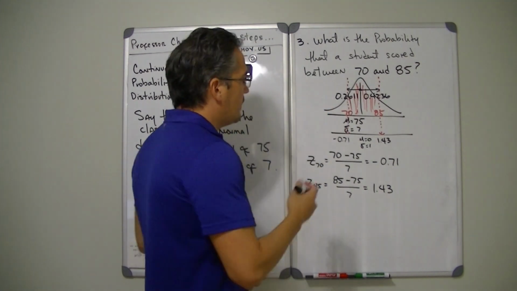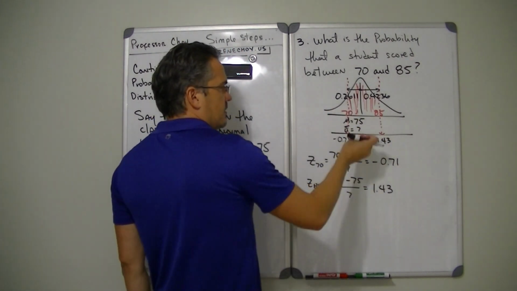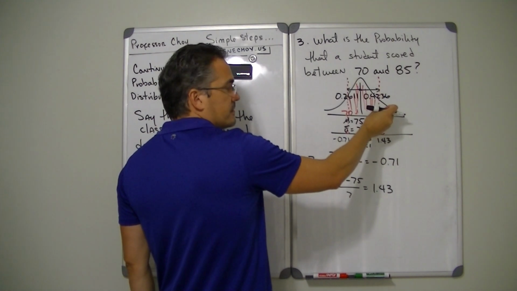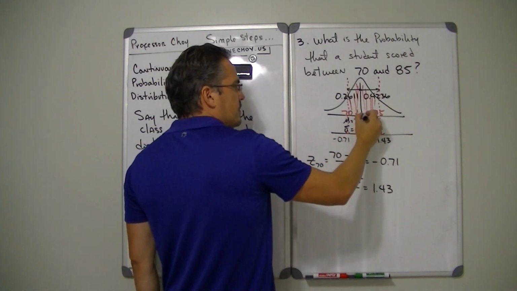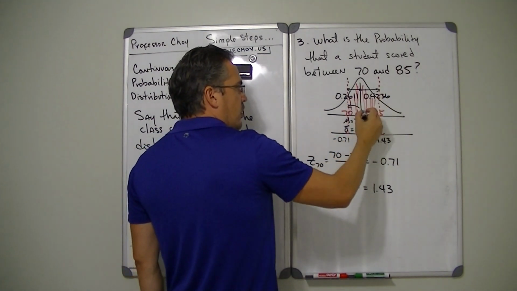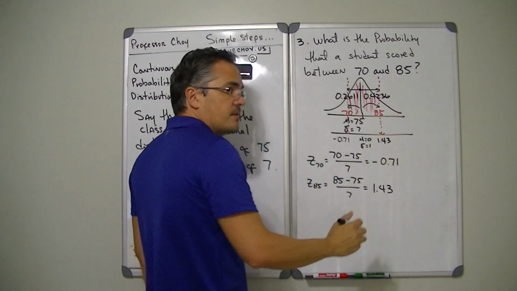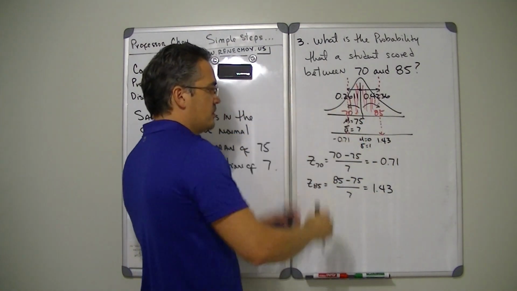Now, the question that they're asking us is neither one of those, but instead they're asking us for it together. They're asking us what's the probability that somebody scored between 70 and 85. But I know the probability between the center and 70, and I know the probability between the center and 85. So the answer is the addition of those two.